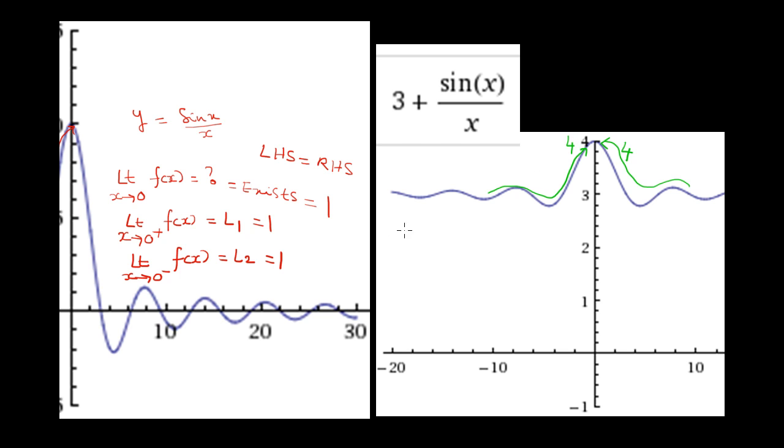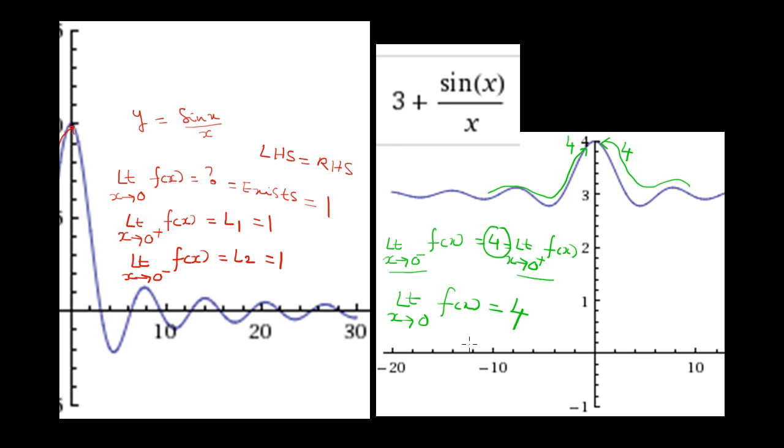Then we can write limit x tends to 0 from the negative direction of f of x equal to 4, which is again equal to limit x tends to 0 from the positive direction of f of x. Since these two are equal to 4, we can write limit x tends to 0 f of x equal to 4. Fine.